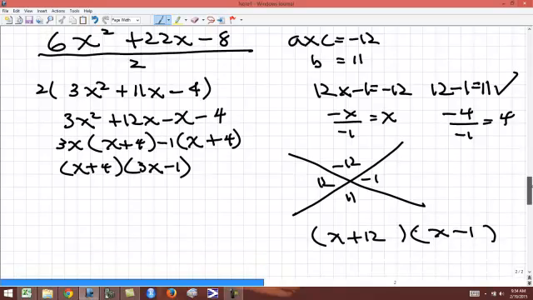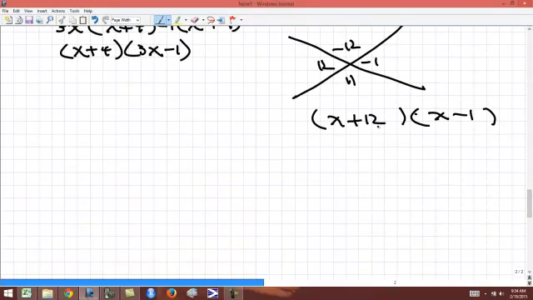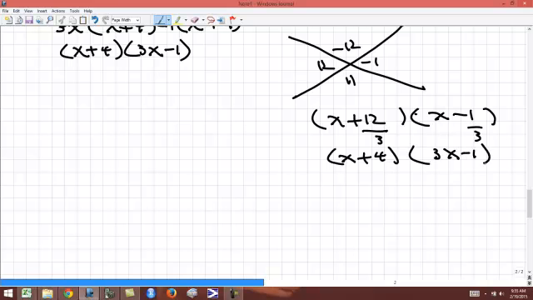And the leading coefficient is 3. So this becomes x plus 4, and then 3x minus 1, since it doesn't go evenly, you multiply x by the number you're dividing by. And remember, we took the 2 out, so we put the 2 back in when we're finished.